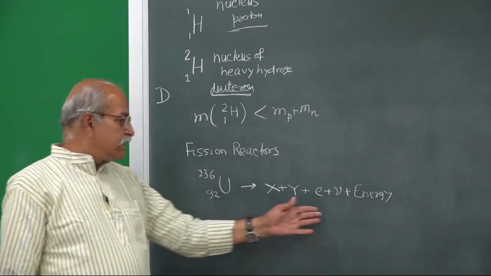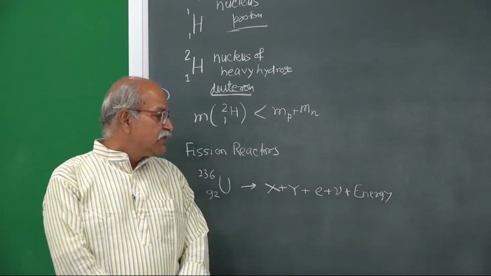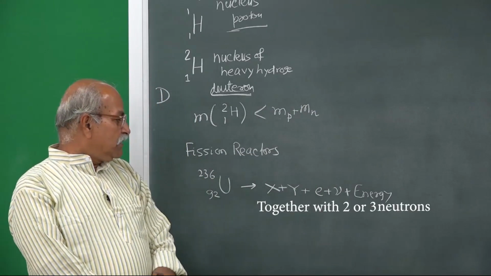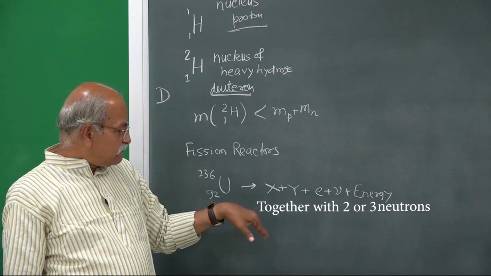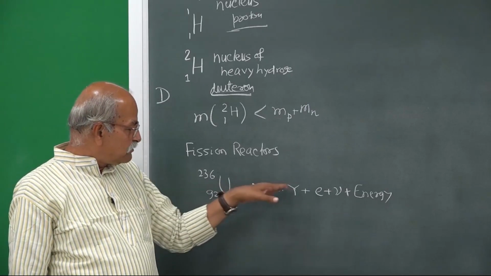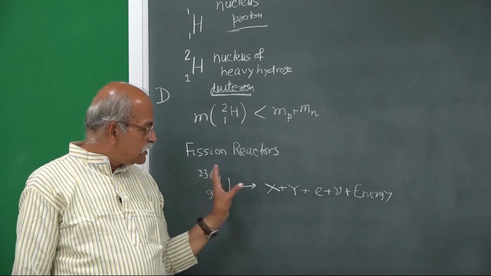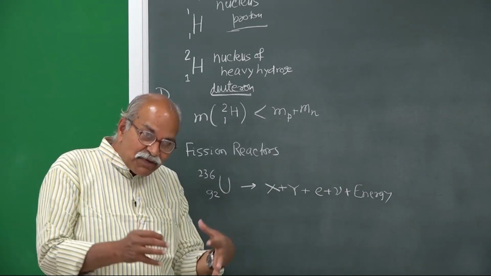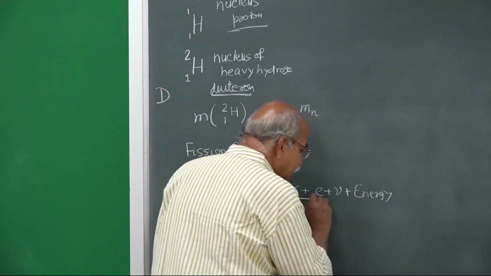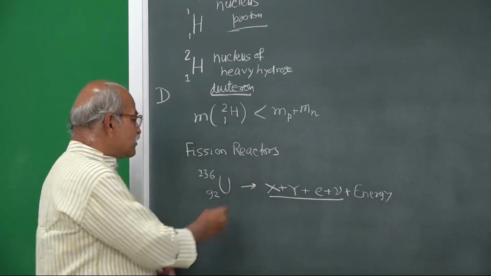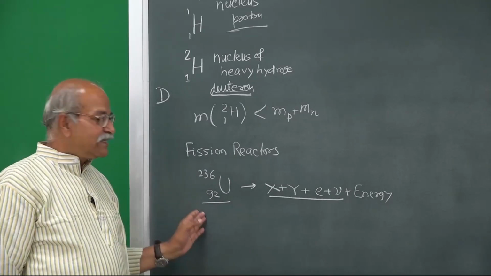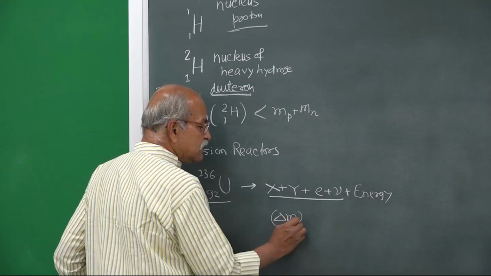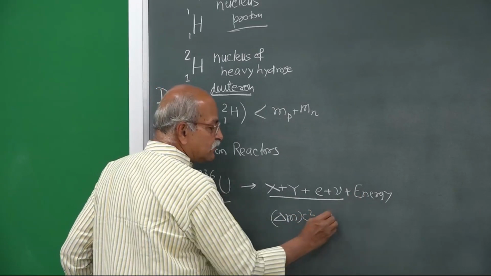When it breaks, you get this energy which is used to create electricity and all those things. But if you think of rest masses, the rest mass of the products is smaller than the rest mass of the initial nucleus, and it is this difference delta m times c square that is the energy which we obtained.